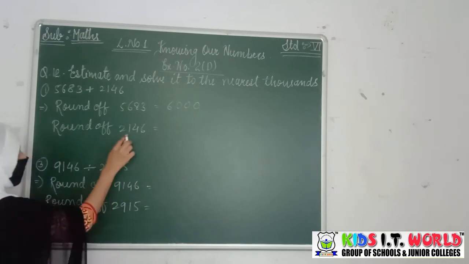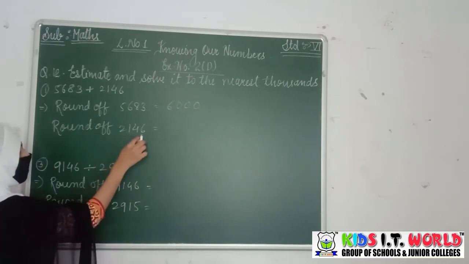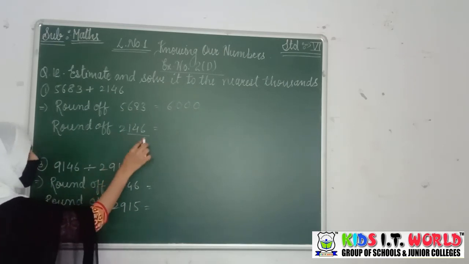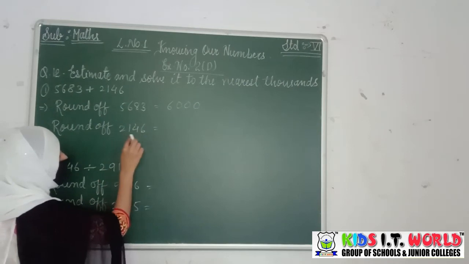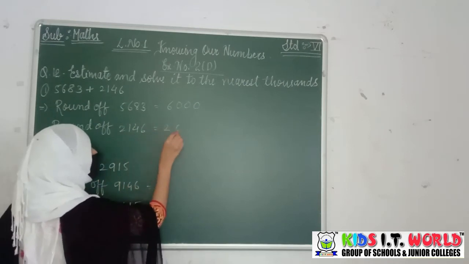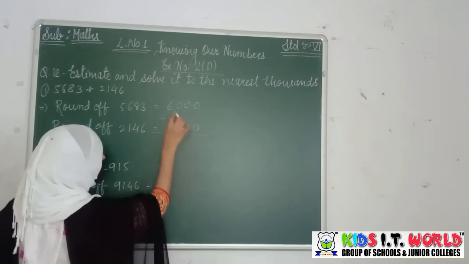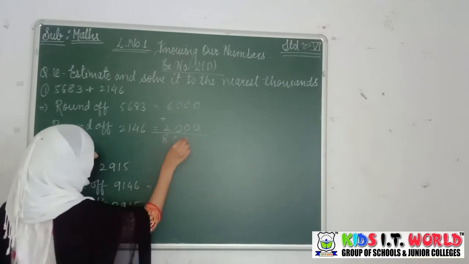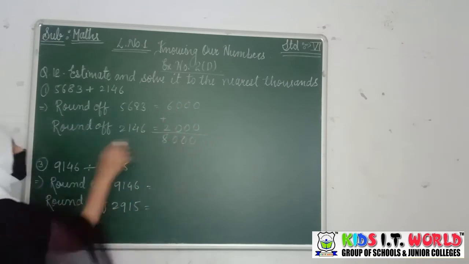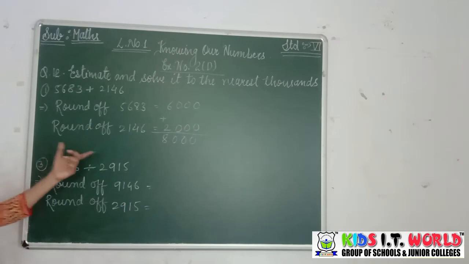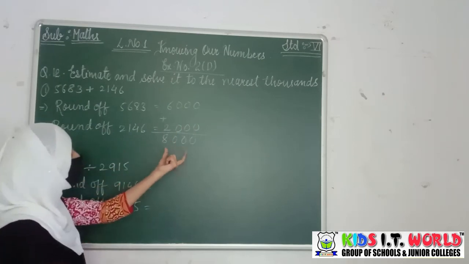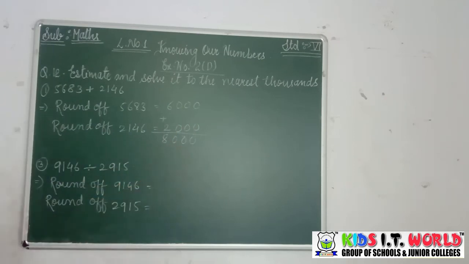And the rounded value for 2146, here you can see it is less than half, so the rounded value of this will be 2000. Now you have to estimate the sum, which means you have to do the addition. So 6000 plus 2000 will be 8000. This is the estimated value, rounded off to the nearest 1000.